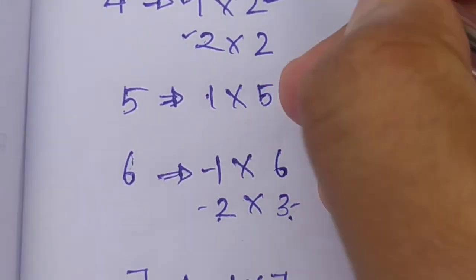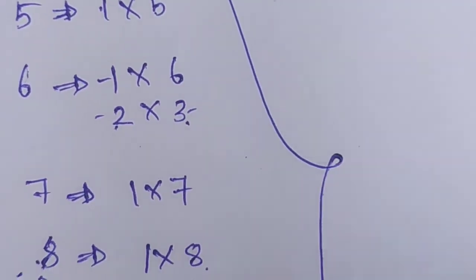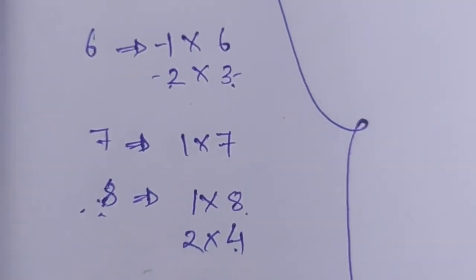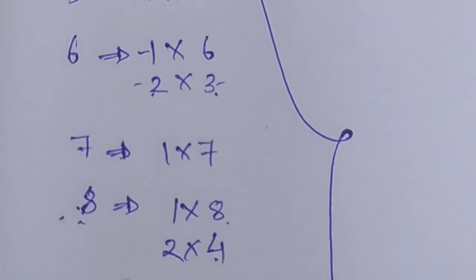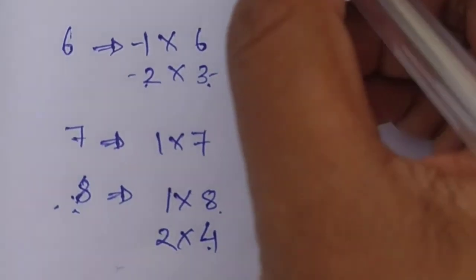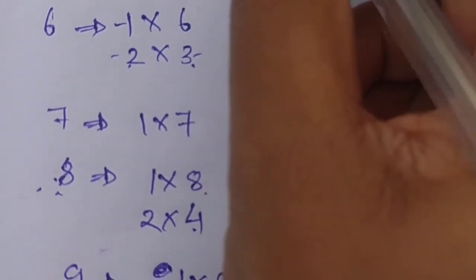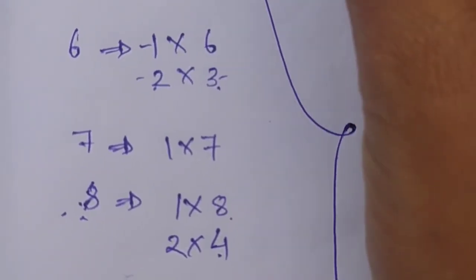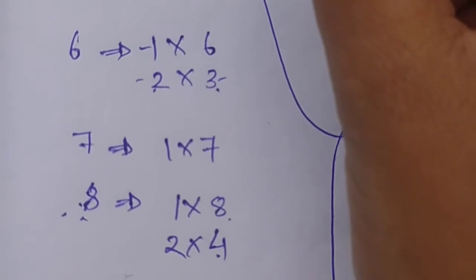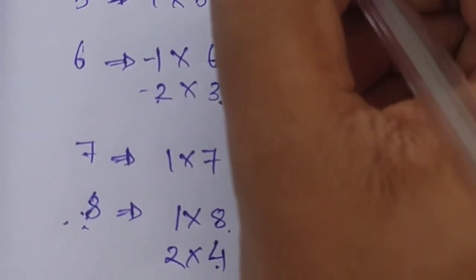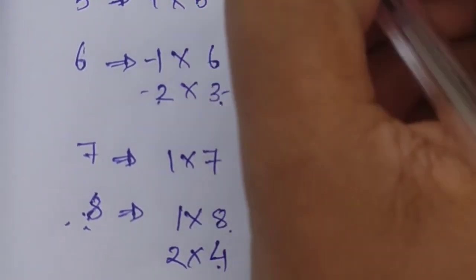Now if you look at these numbers from 2 to 10, look at 2. 2 has how many factors? It has 1 and itself. If you look at 3, it has 1 and itself.